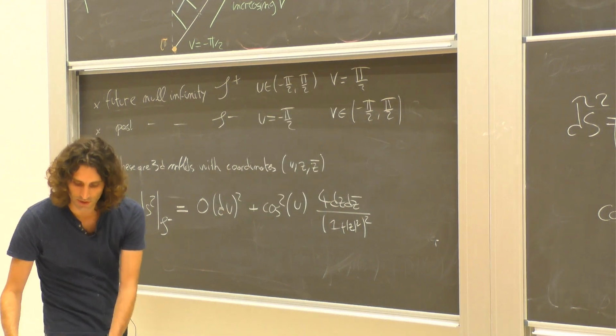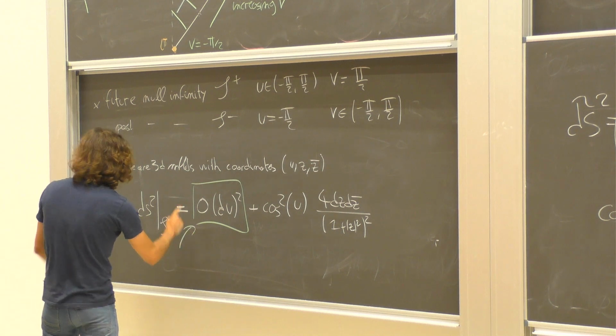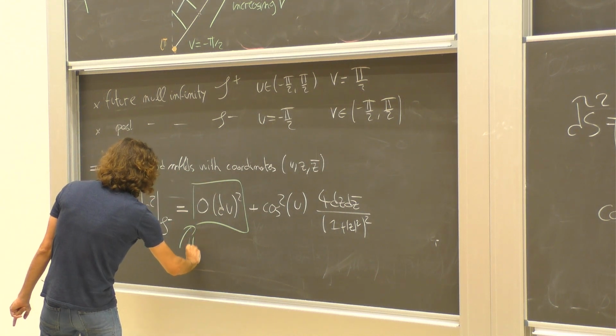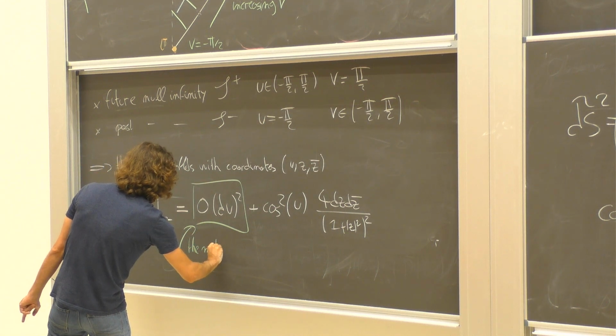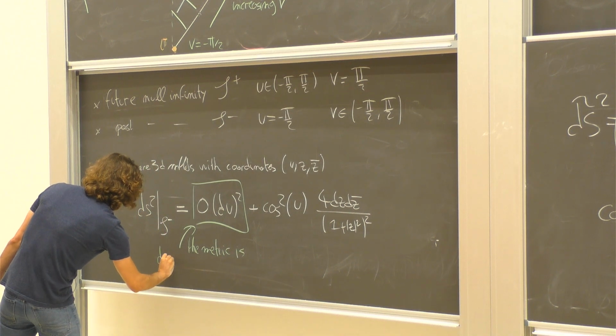And so the feature here is that this is 0, so it's important. It means that the induced metric on this boundary is degenerate. So it's a null boundary.